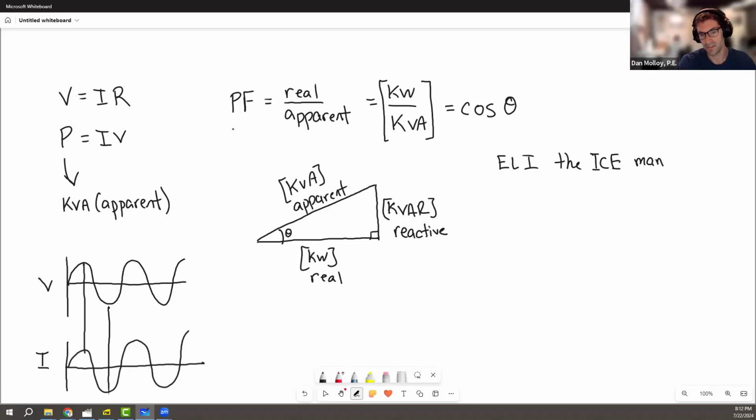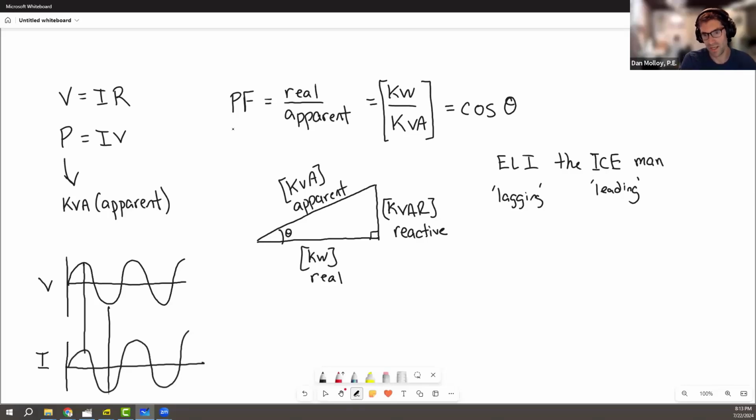So if the current leads the voltage, that's a leading power factor in a capacitive circuit. And if the voltage leads the current, that's a lagging power factor. So if the voltage leads the current, then the current lags the voltage. So maybe that'll help remember.